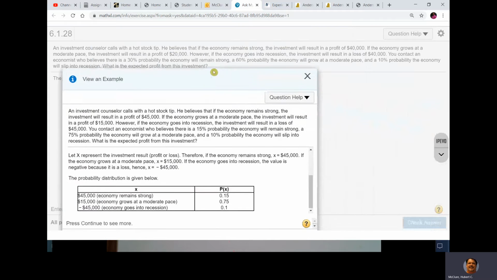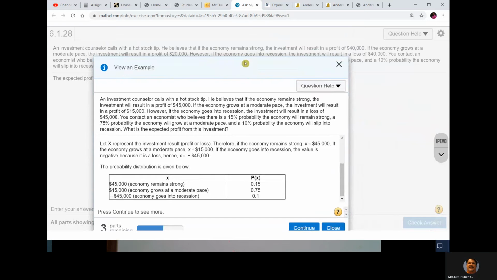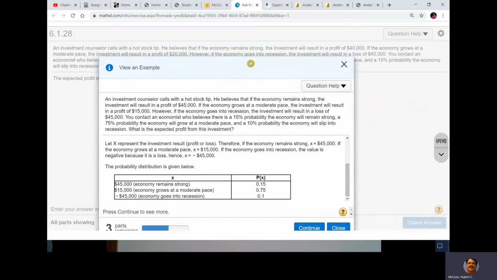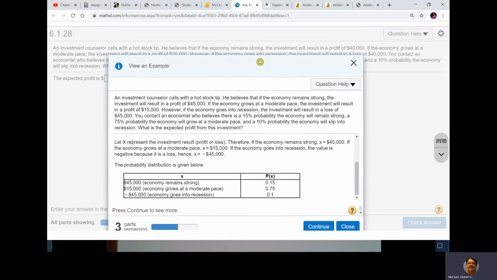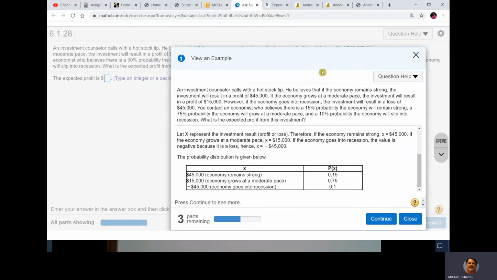Yeah. Moderate investment will result in 20,000. And that would be 45,000, and this would be 40,000 if 10%. So that's where they're getting, see, you got to add these up.